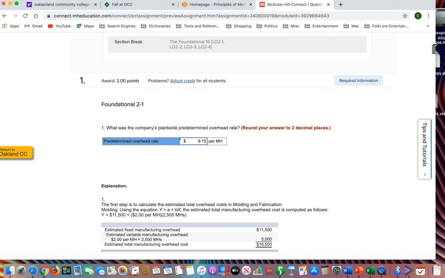And it's $6.60. And for the fabrication department, it's $13.40. And this shows you how they arrived at that. See that? This is the overhead for the molding department. This is the overhead for the fabrication department, and you divide it by the machine hours. Okay, there you are.